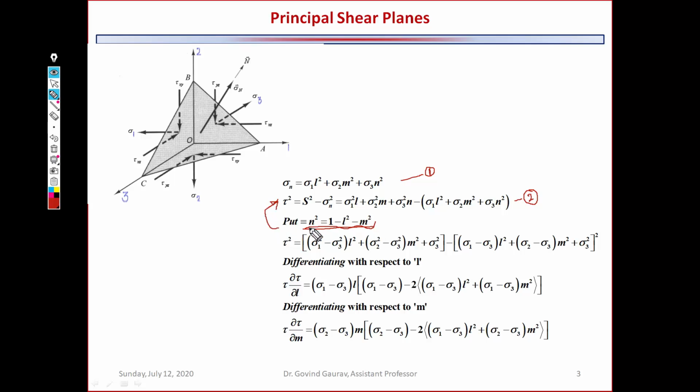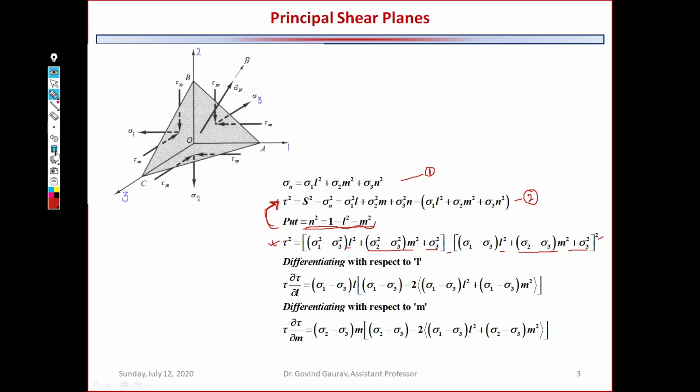If we put n square is equal to 1 minus l square minus m square in this equation and rearrange the terms, we will get a general form of the equation: tau square is equal to sigma 1 square minus sigma 3 square multiplied by l square plus sigma 2 square minus sigma 3 square multiplied by m square plus sigma 3 square, minus the whole bracket sigma 1 minus sigma 3 l square plus sigma 2 minus sigma 3 m square plus sigma 3, the whole square of this entire term.